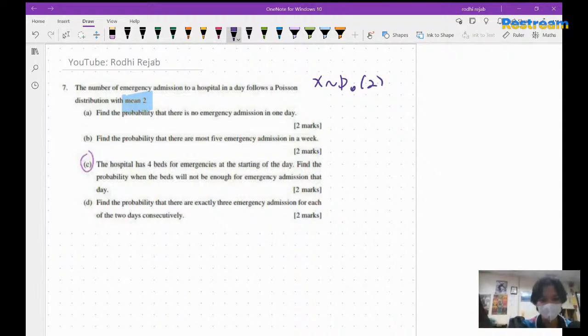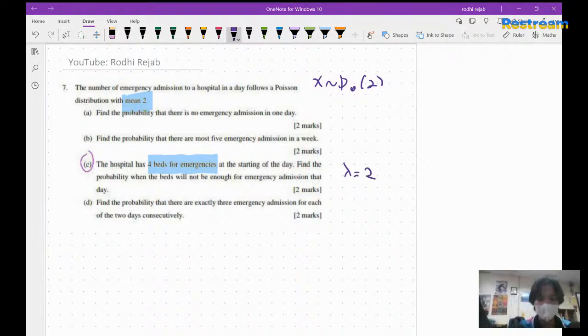So skipping to question C, most people can be confused because this question is a bit tricky. But first of all, we should calm down and look at the question. So first, it says the hospital has 4 beds for emergency at the starting of the day. So if it says 1 day, meaning the lambda or the mean still remains as 2.